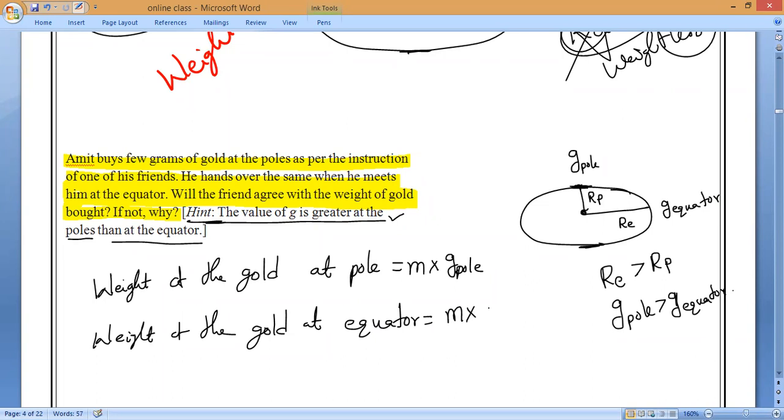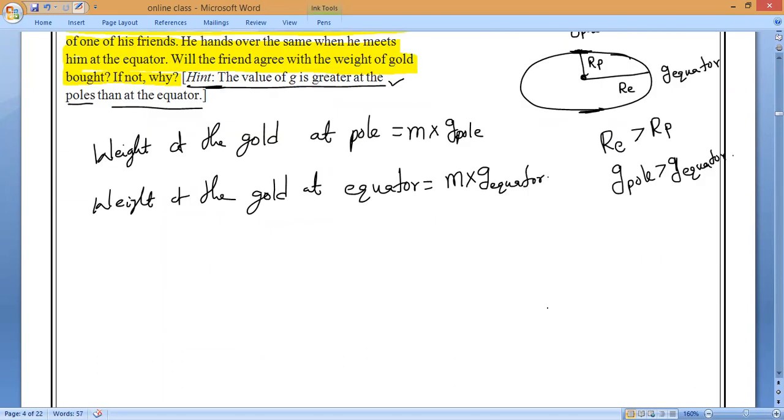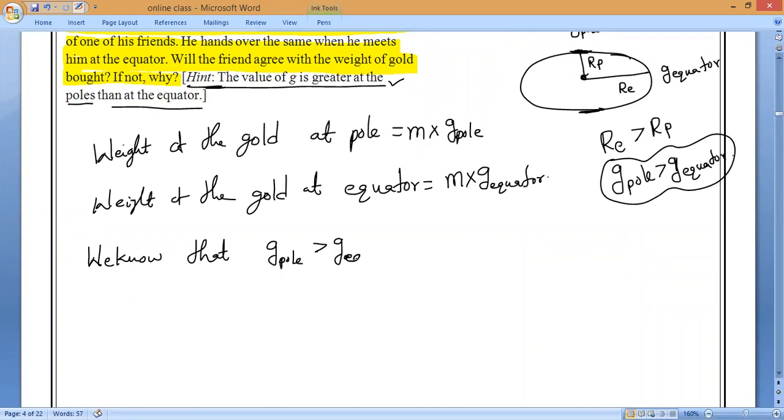Mass into what? g value at the equator. Now, we know which is greater, guys? g at the pole or g at the equator? Pole is greater, sir. You should write, we know that g at the pole is greater than g at the equator.